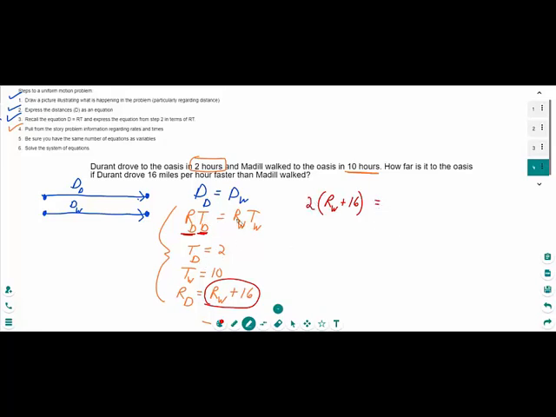And that's equal to R sub W, which we don't know, times T sub W, which we do know, that's 10.